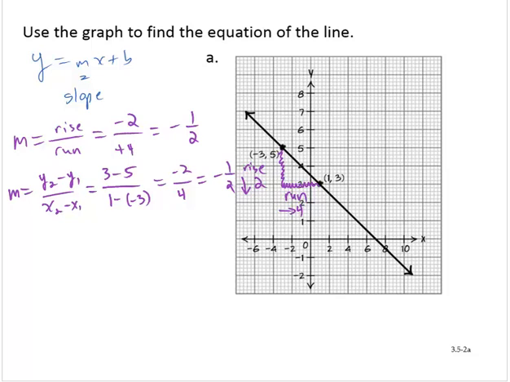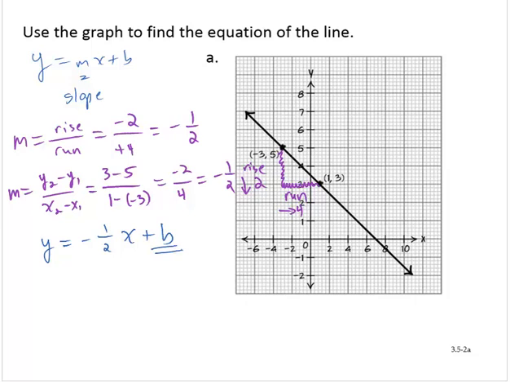Now I can write a partial model, my first revision in a sense. I can say that y = -1/2 x + b. Now, I still have to figure out the b. So what I'm going to do is substitute one of the points on the line.